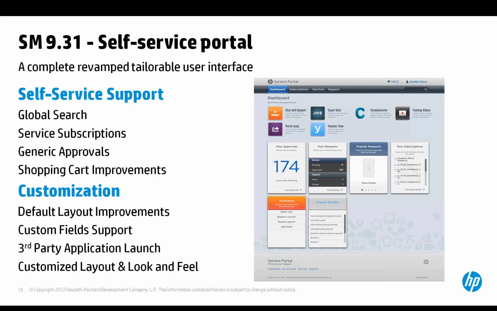For the Self-Service Portal, and you'll see that in the demonstration, there are two improvements that we brought. One is functional: we added a lot of functionality. I'm putting here the global search, so now the user can search and get results across all the service offerings and also the knowledge.